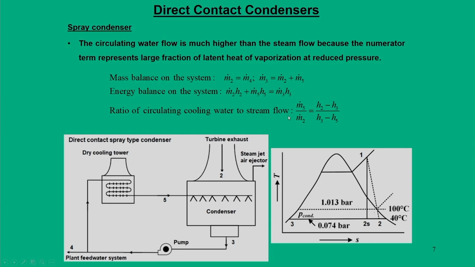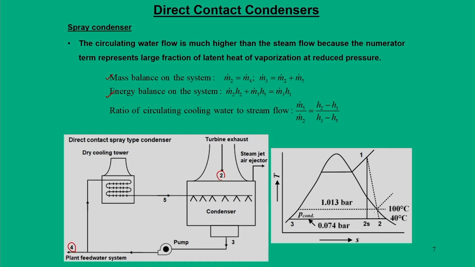From this we can frame the mass balance and energy balance equations for this spray type condenser, and here we can see that M2 dot, which is the exhaust from the turbine, is equal to M4 dot, which leaves.